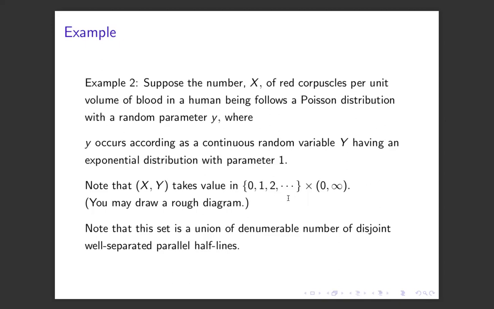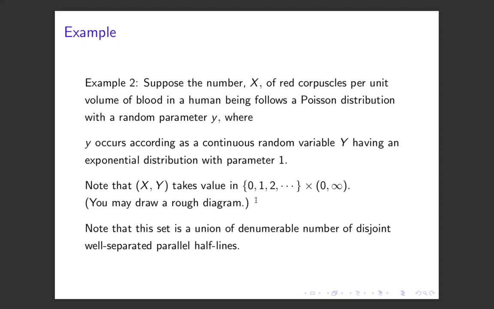So if you draw a picture, it will be just a collection of lines parallel to the y-axis. Each adjacent pair of lines would be separated by a distance of 1, because we are drawing it as (X, Y).